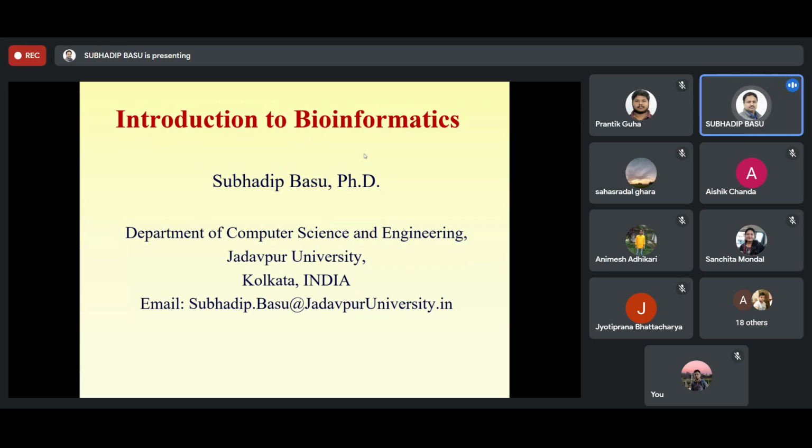So all these together we generally call molecular biology. And then the computational aspect of this molecular biology leads to this fascinating subject that is called bioinformatics. That is like biology and informatics. So when we apply informatics science into biology, we call it bioinformatics.